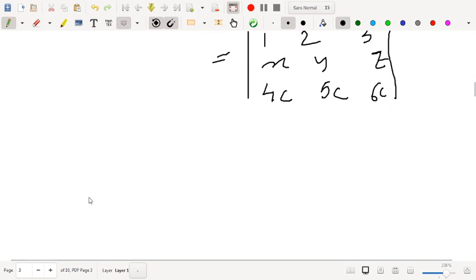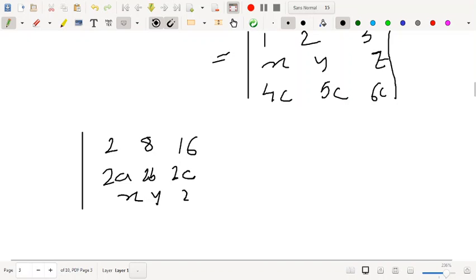Also, suppose another example I am giving you. Suppose you have 2, 8, 16 and you have twice A, twice B, twice C, and the last row is x, y, z. So what you can do here, from the first row you can take 2 common, and from the second row also, you can take 2 common.